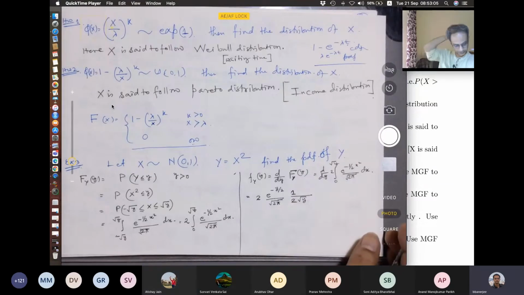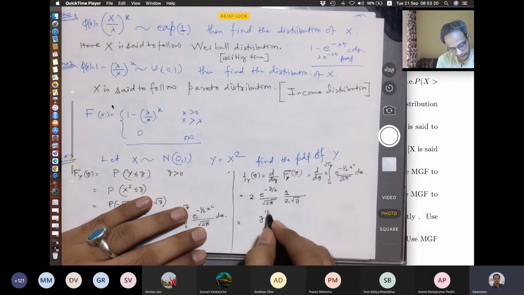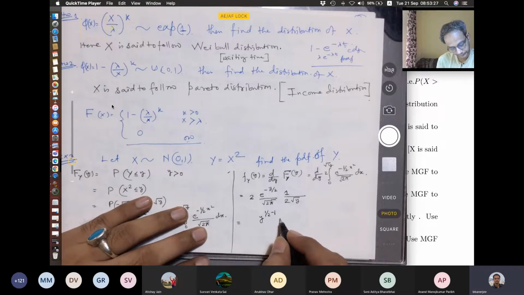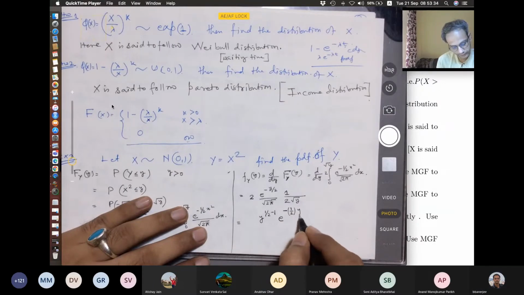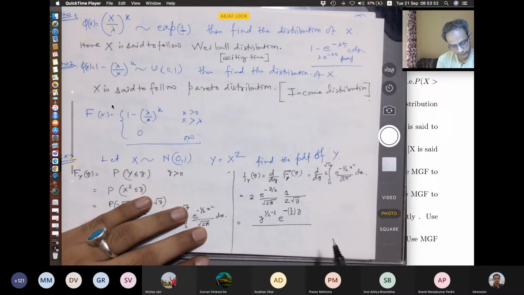Okay, so let us see, can we arrange this thing a little bit? So can we write this thing as y to the power half minus 1, then e to the power minus half into y, then this 2 will cancel, and we will be left with 1 by root 2.